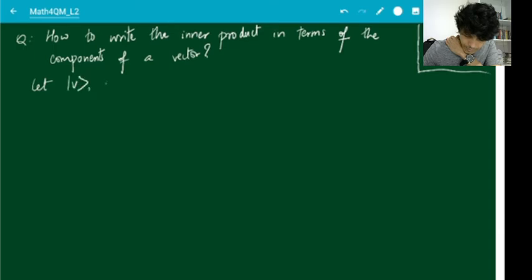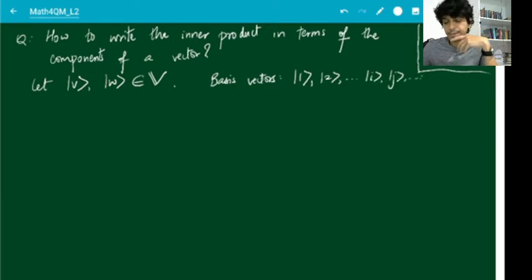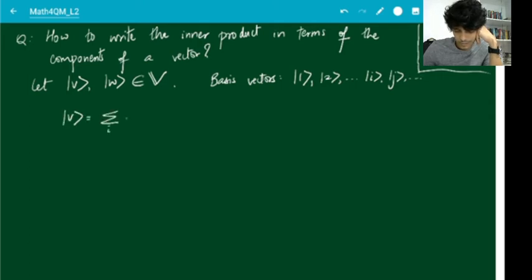Let V and W be vectors in this vector space, and there is some basis set. My basis vectors, I'm just calling them 1, 2, i, j, and so on. These are my basis vectors. So I can write V and W in terms of these basis vectors. My V has some components, let's call them Vi with the ith basis vector. So this is like V1 times 1 plus V2 times 2 and so on.